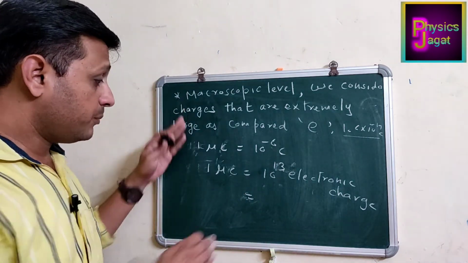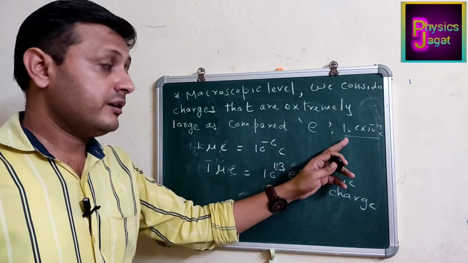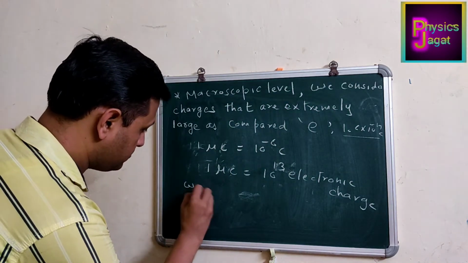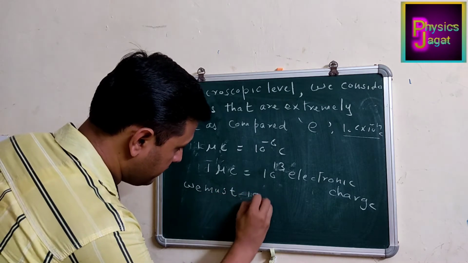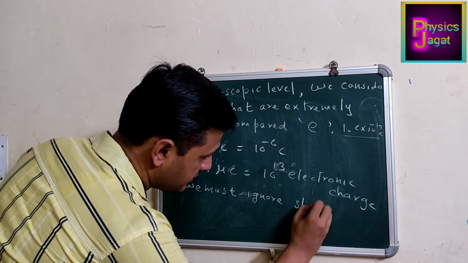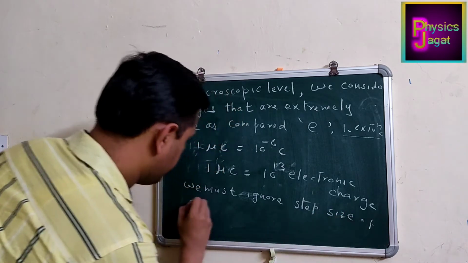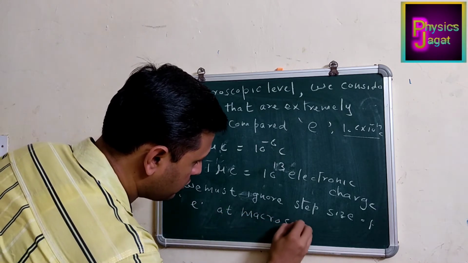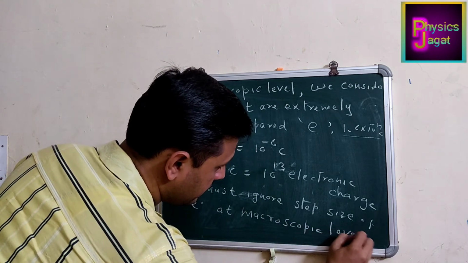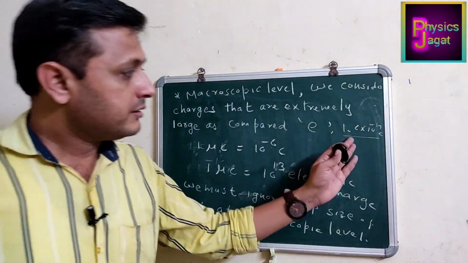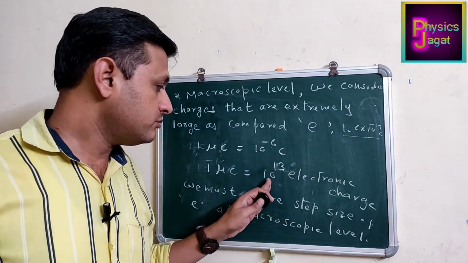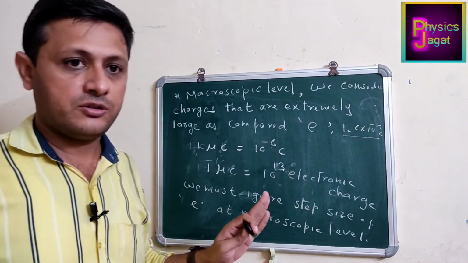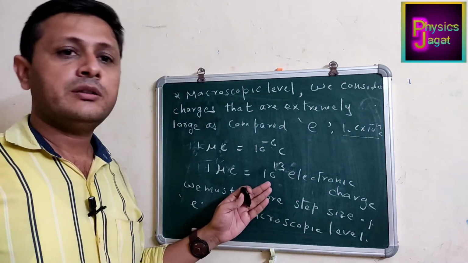That means macroscopically we must ignore the step size of E at the macroscopic level, because if I decrease from 10 to the power 13 by 10 to the power minus 19, it doesn't make any difference. It is a very small number compared to this much.